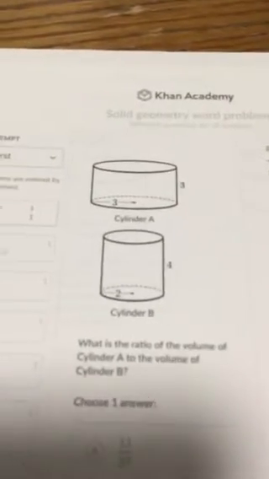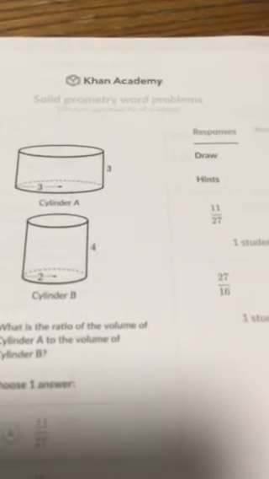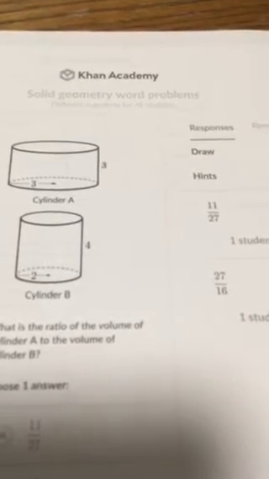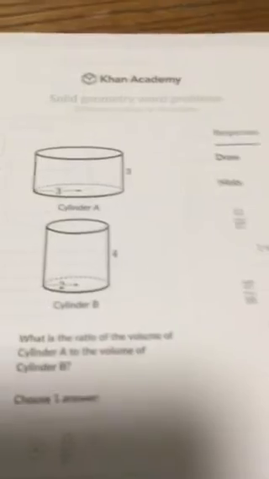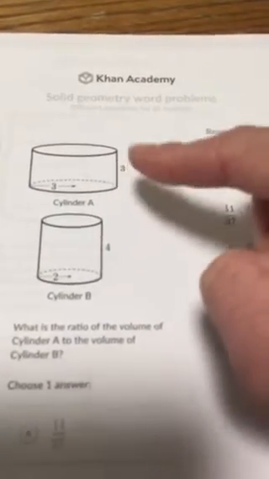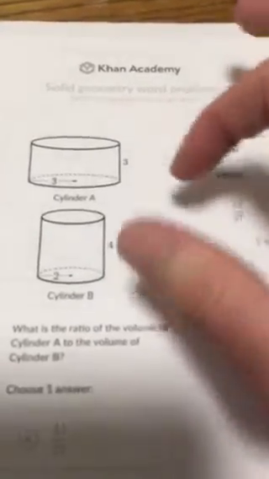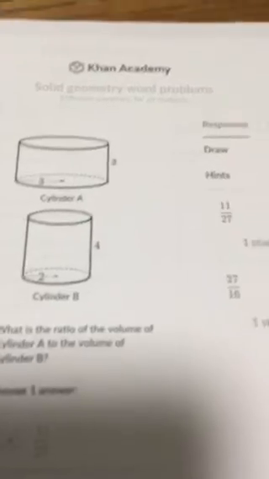I think people had trouble with this one because they weren't looking at the actual formula page. I think a lot of people weren't realizing what the formula for a cylinder is. Because once you know the formula and you find the volume of cylinder A, and you find the volume of cylinder B, all you have to do is set it up as a fraction to get your answer.